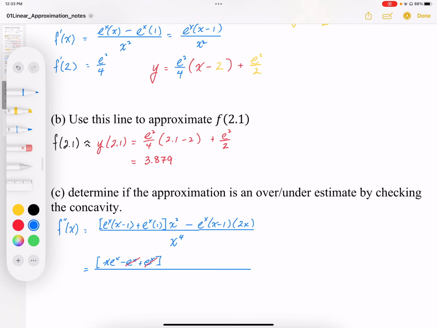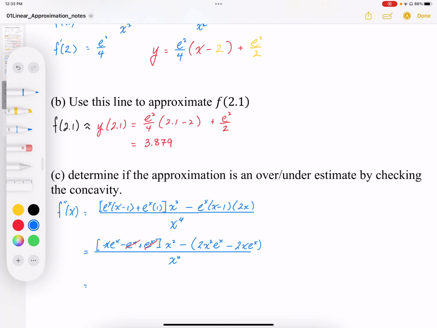And then times x squared minus, if I expand this all out, I should put this in brackets as well, just so that I don't lose track of this. It's going to be x times 2x, or 2x squared e to the x, minus 2x e to the x. It's all over x to the 4.